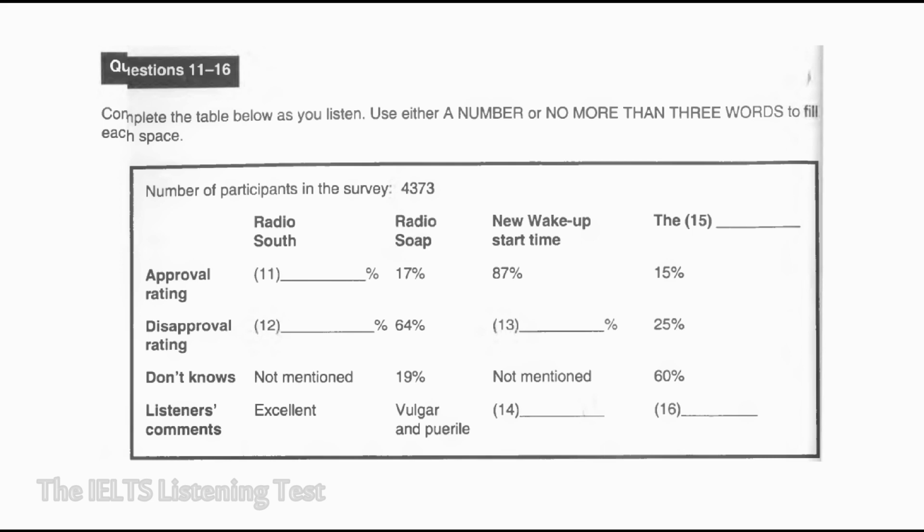It had a 15% approval rating and 25% who did not like it and 60% don't knows. Sadly, the main comment was that the program is downright boring. Maybe wine's going out of fashion. The full survey will be published next month and it is free on request. And now to our weekly letters slot.